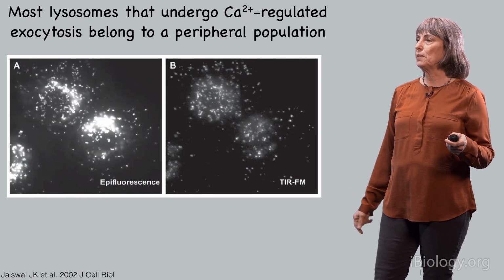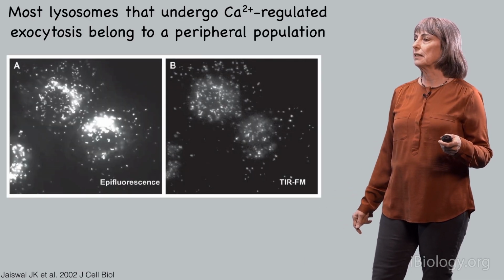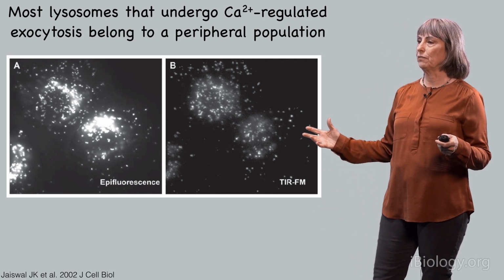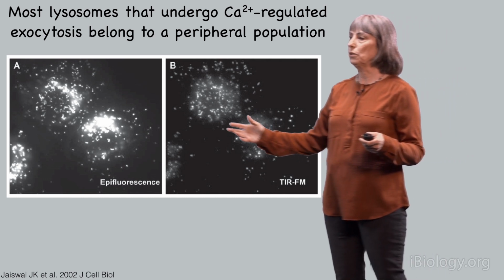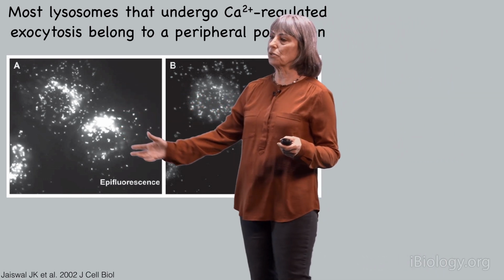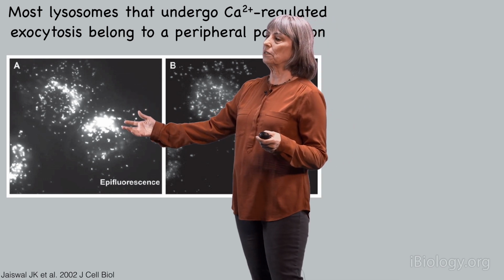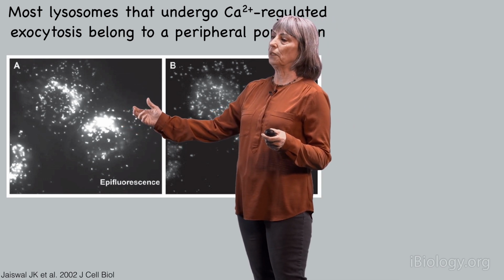So another important piece of information that came out of these studies was the presence of a peripheral population of lysosomes. Because normally, when you look at cells and stain them for lysosomal markers and look by epifluorescence, what we see is a cluster of lysosomes in the central part of the cell.